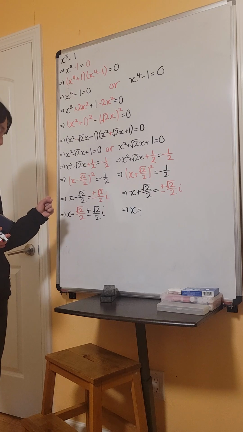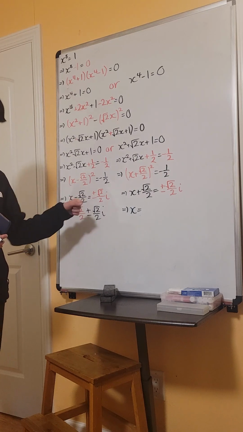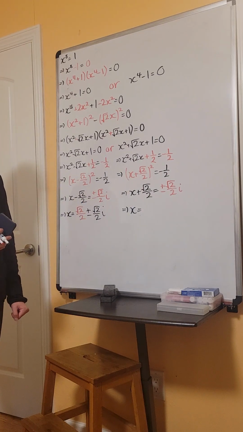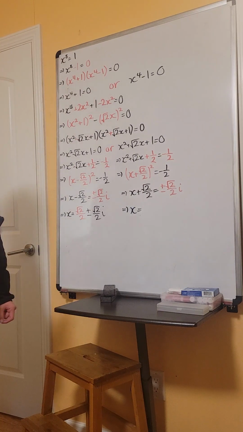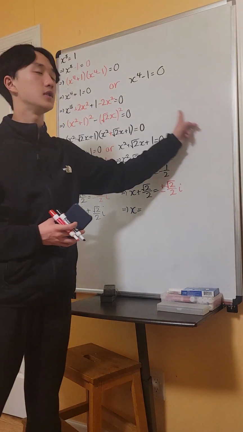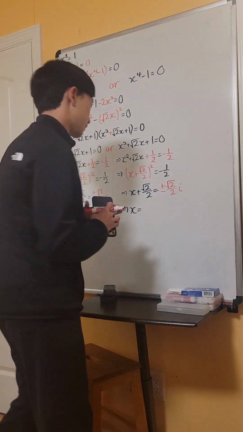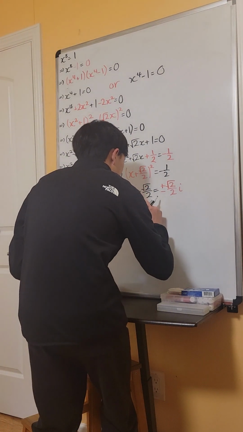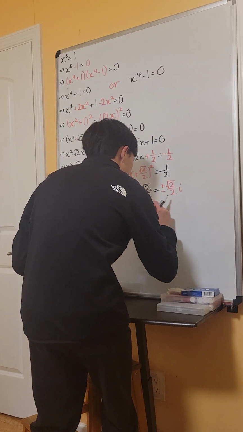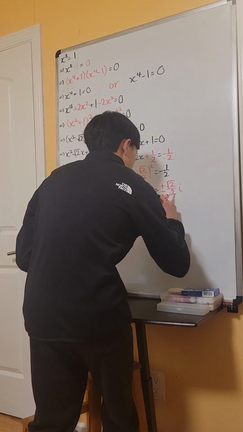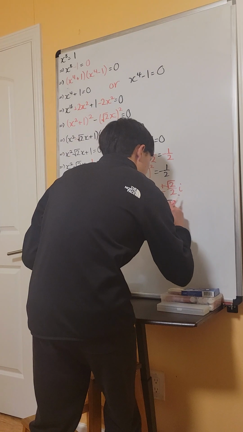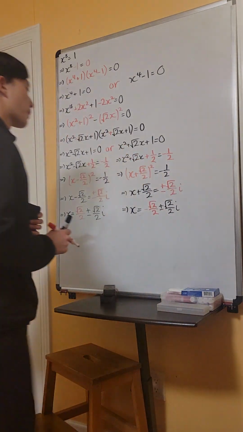But at the end of the day, to make it look better, just combine the fraction, right? But this works better for you if you're working with the unit circle on the complex plane in complex analysis. But anyways, this one, negative root 2 over 2 plus or minus root 2 over 2i, yeah?